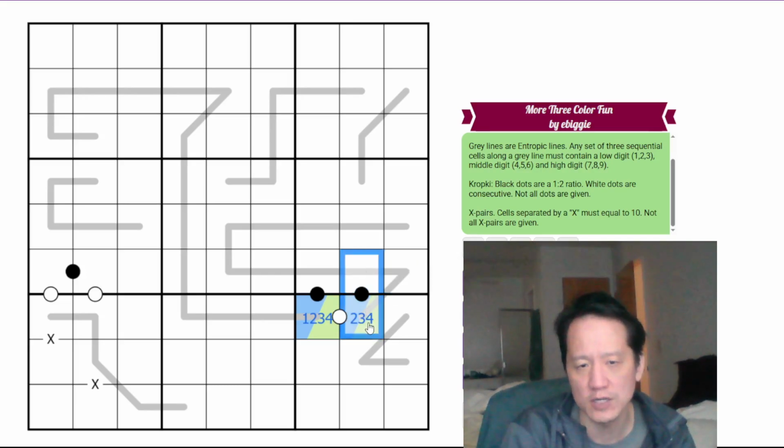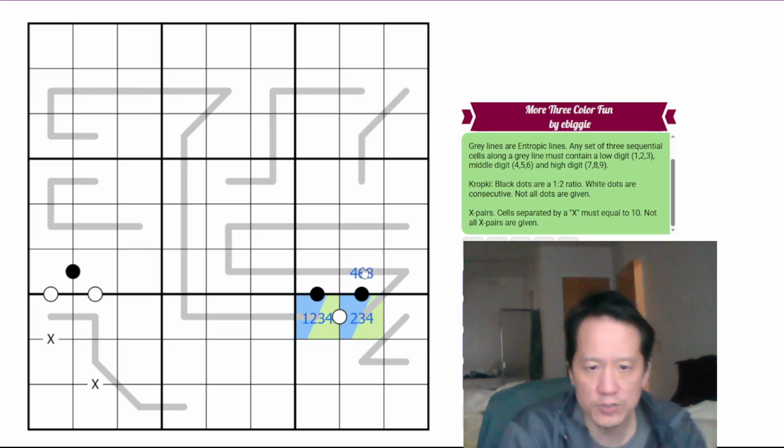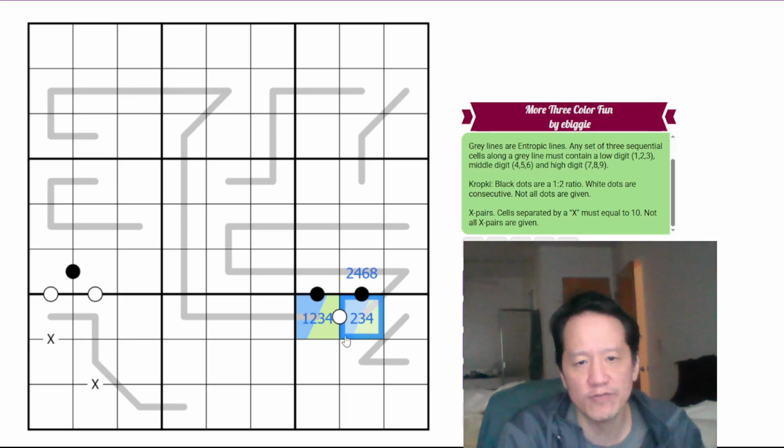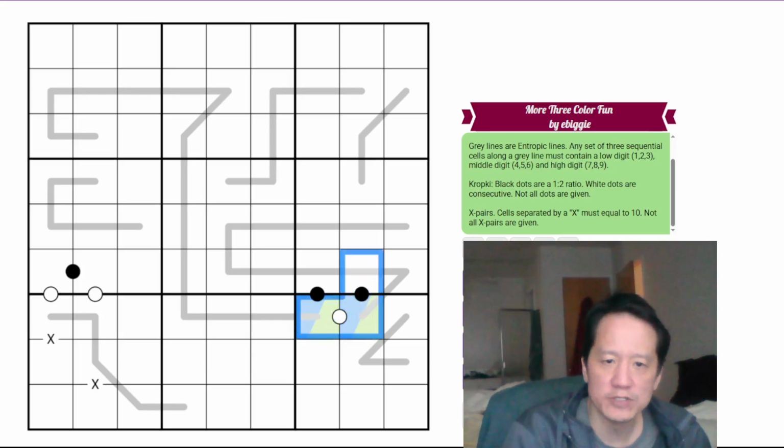So that doesn't work either. But 2 and 4 does work, 3 and 6 works, and 4 and 8 works. Also, 2 can be here, and then that could be 4, and that would work. So let's go through all the possibilities here, specifically.